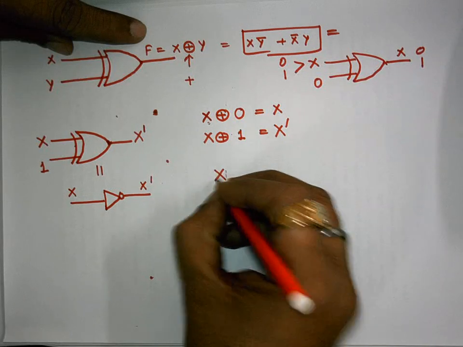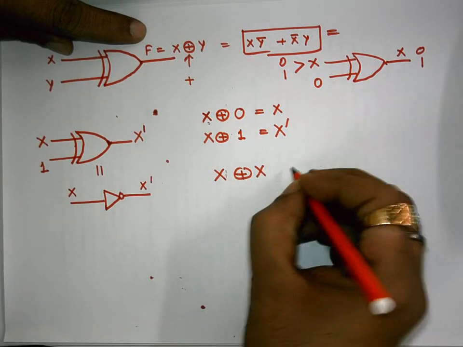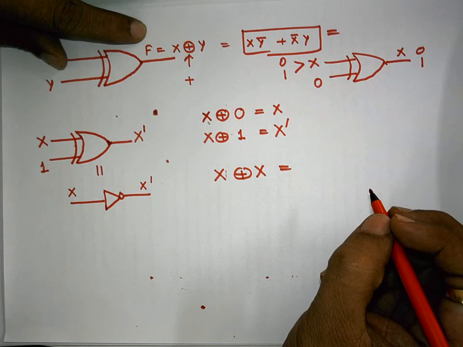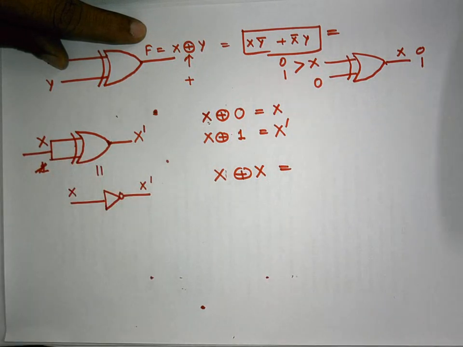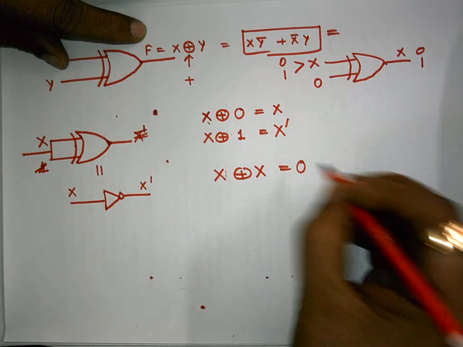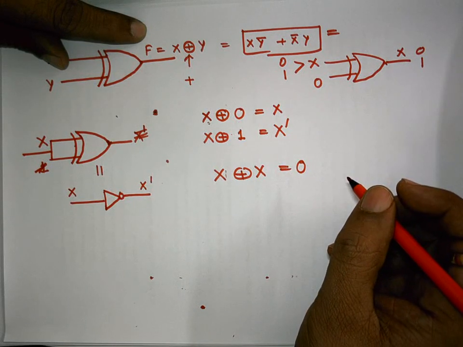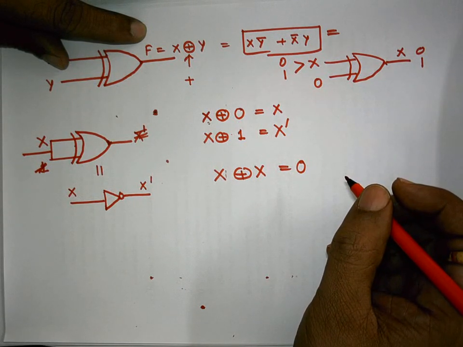Now X exclusive ORed with X itself. At both the inputs there is X. Okay. What will be the output? What will be the output? You tell me. This is 0. This is 0.